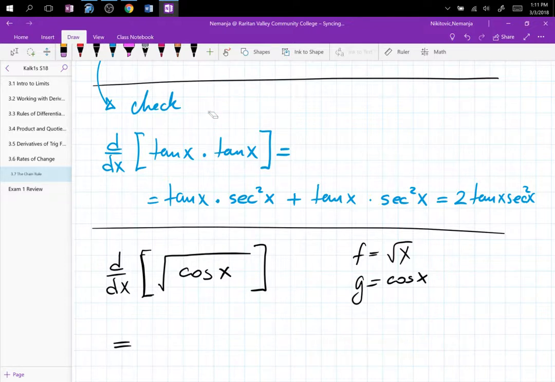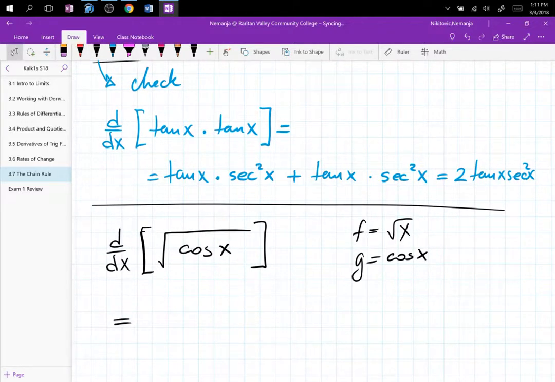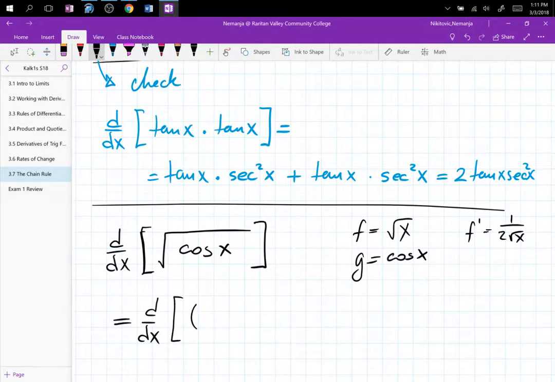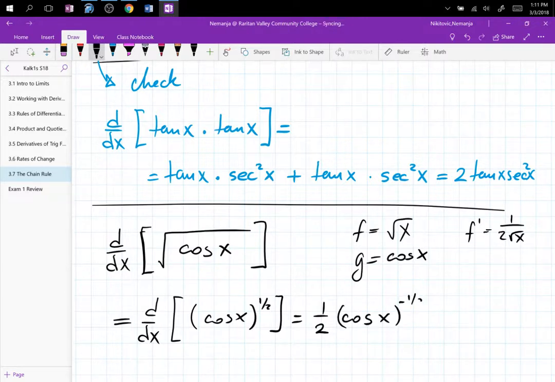You know what? That only works if you memorized that f prime is 1 over 2 root x. But if you don't have that memorized, then you have to do the half thingy. So how about we rewrite this as cosine x to 1/2, kick 1/2 in front, cosine x to the negative 1/2 times the derivative of cosine is negative sine x.